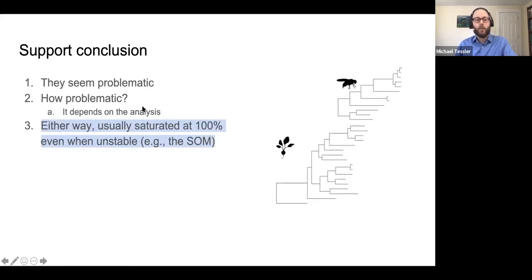How problematic this is depends on your personal opinion on the matter, but it's at least something you should be starting to be skeptical about. The simulations are very scary. The empirical scrambling is less scary, but still worrisome. And we know from real data sets like the SOM that 100% does not indicate genuine stability.